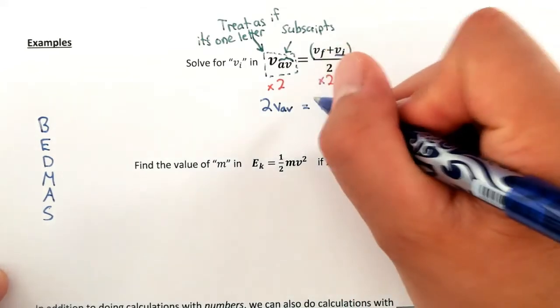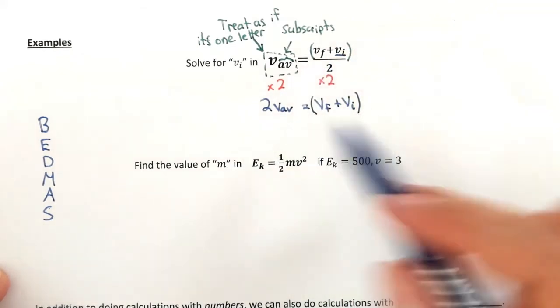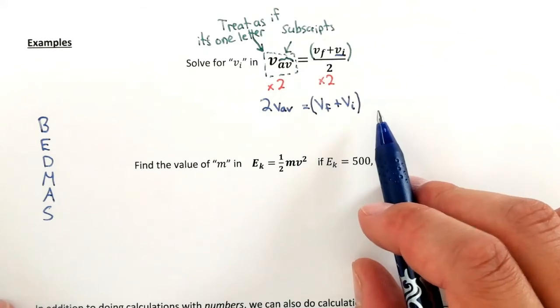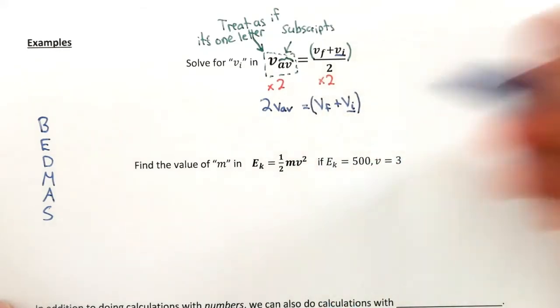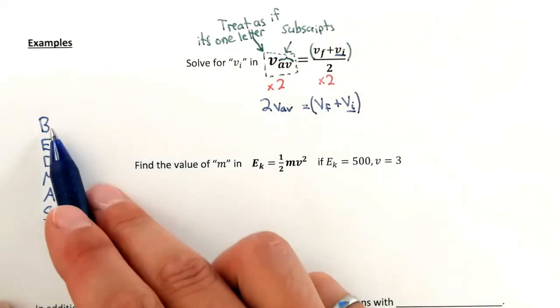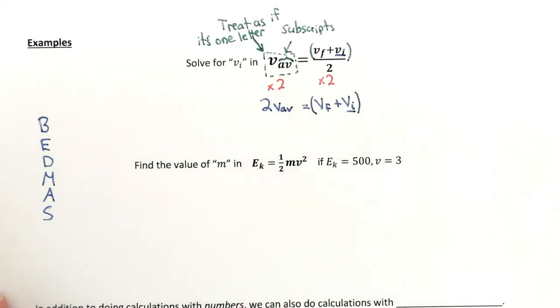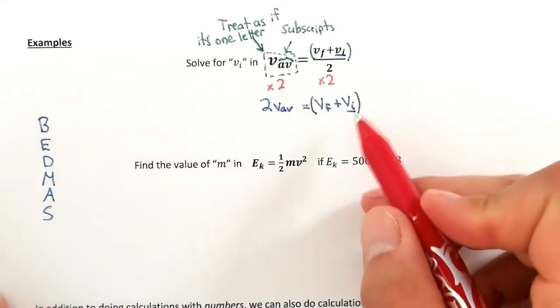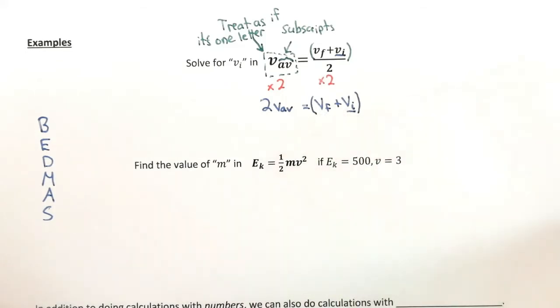So now, again, I've kind of got my imaginary brackets up here. It's up to you if you want to actually draw them or not. Now the only thing left around my VI, the thing I'm looking for, is these brackets. So I can get in there and do those brackets, which means I can deal with this plus. My VI, the only thing keeping it from being alone on one side of the equation by itself is VF is being added to it.